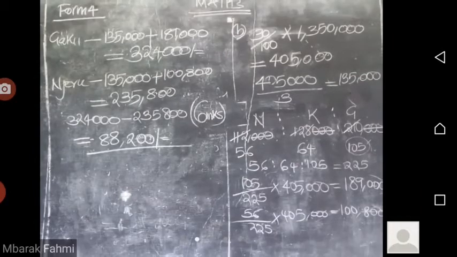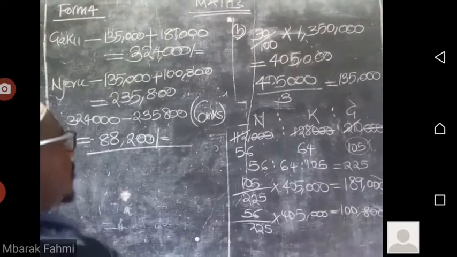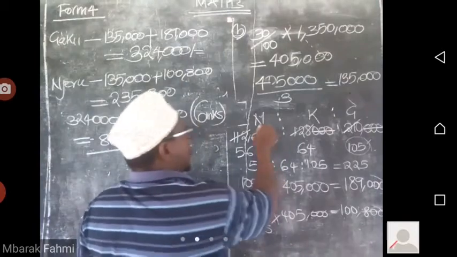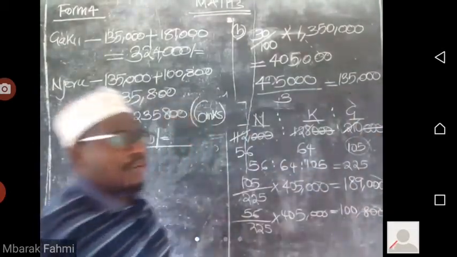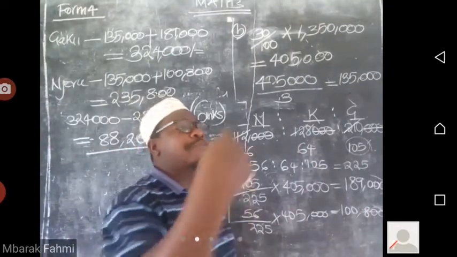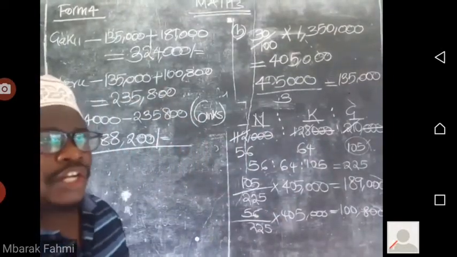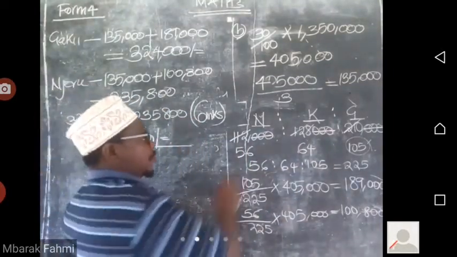The ratio of their contribution. This one is from whatever they have contributed, because you are told the ratio of their contribution.